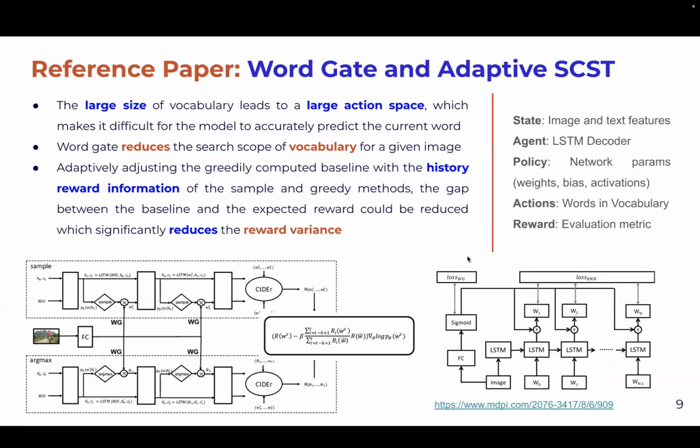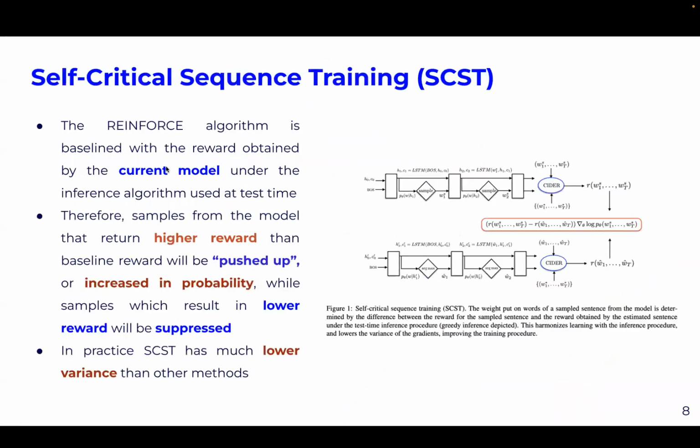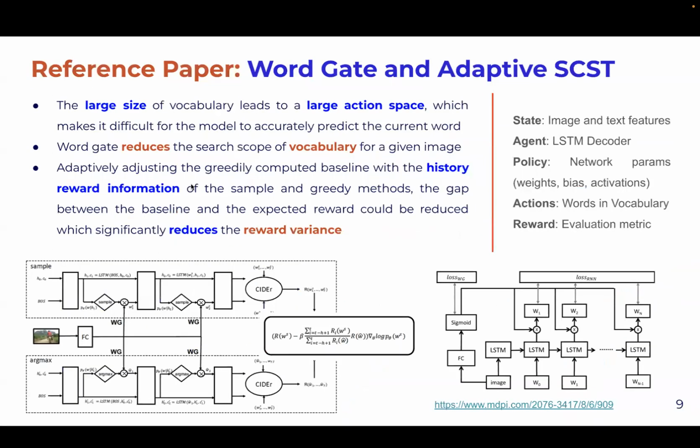Coming to the reference paper that I used, initially I tried just this self-critical sequence training approach, but the results were far worse. It doesn't work like straight away using reinforcement learning as the loss function from epoch 1.